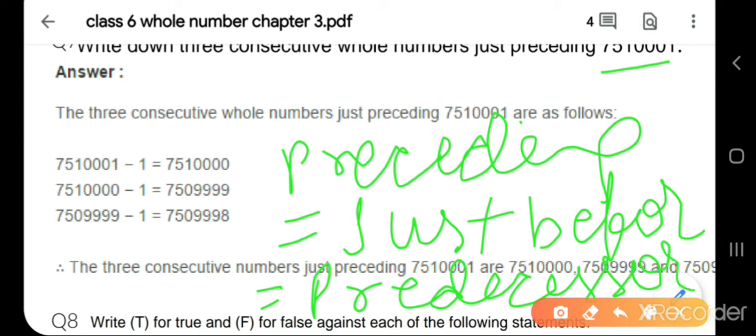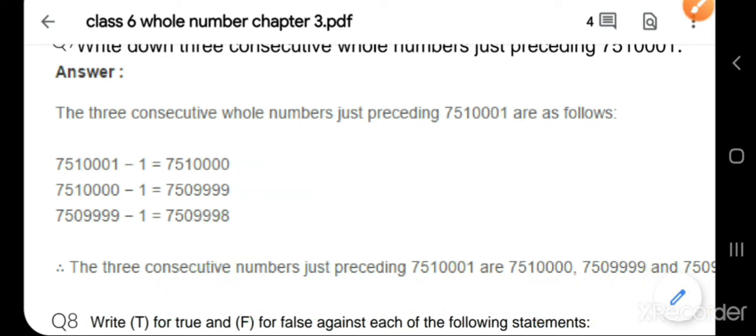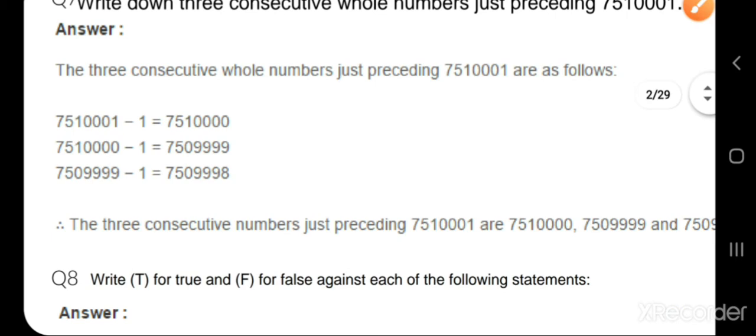Always remember, these three things are equal. Whether it has been given to find the preceding number, or the number just before, or to find a predecessor, what you need to do is just subtract one from the given number, as it has been done here.